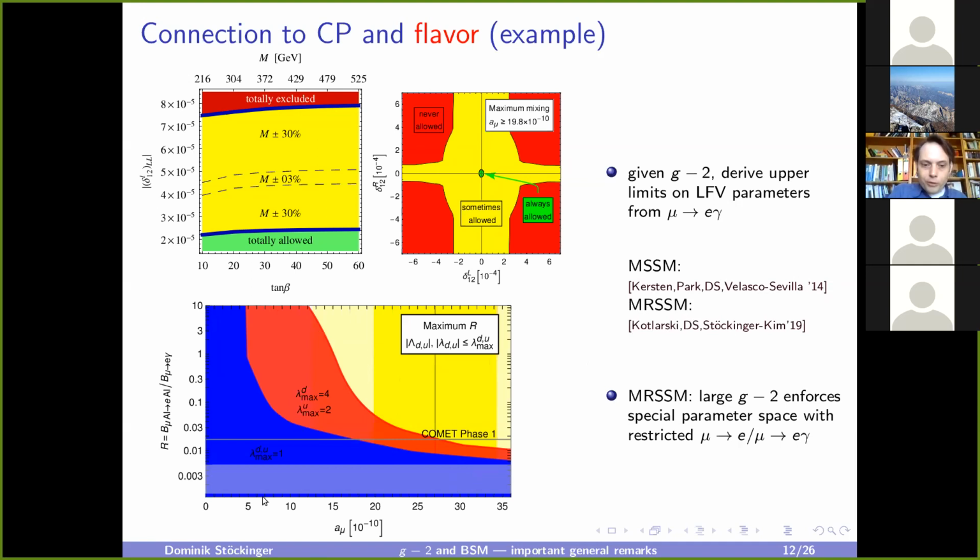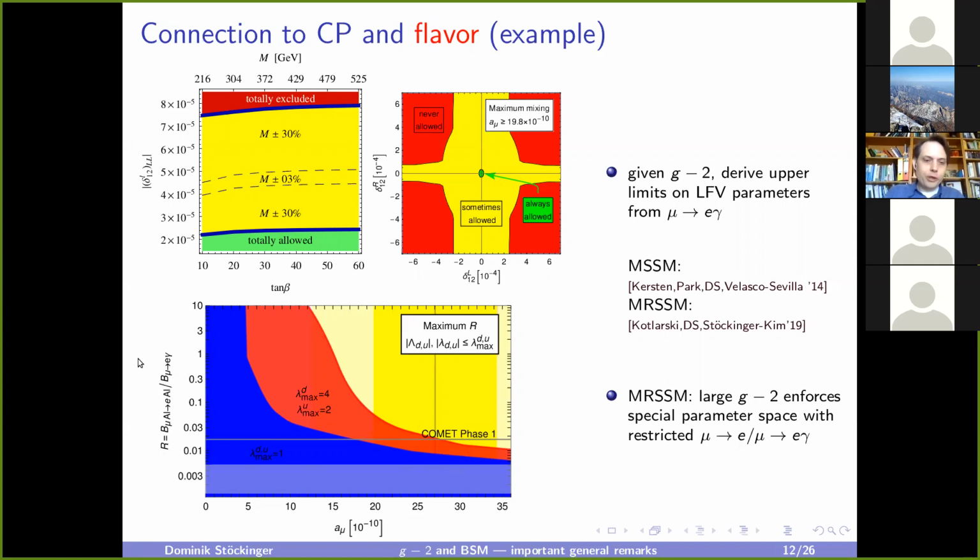On the x-axis, you have the values of g-2. On the right side of the plot, g-2 is large. On the left, g-2 is small. And on the y-axis, you have a ratio between observables, namely mu-to-e conversion, that is measured, for example, at the COMET experiment in Japan, and mu to e gamma, which we already mentioned before.